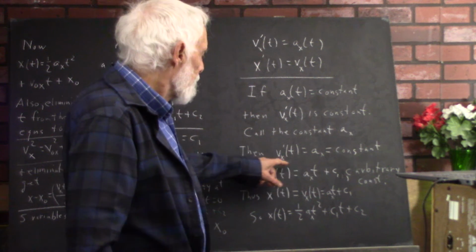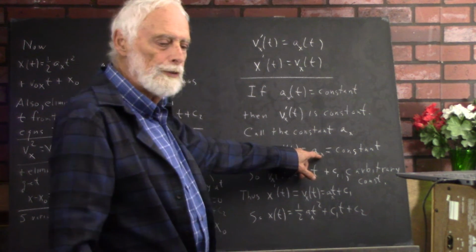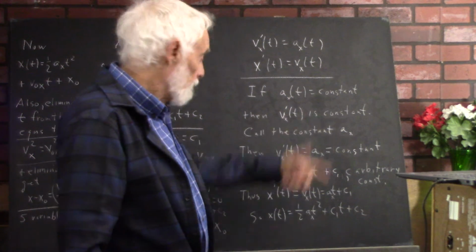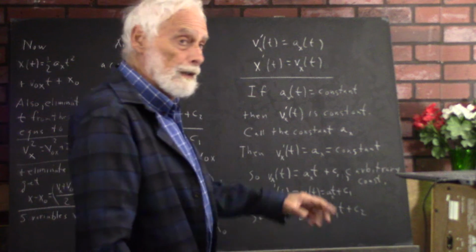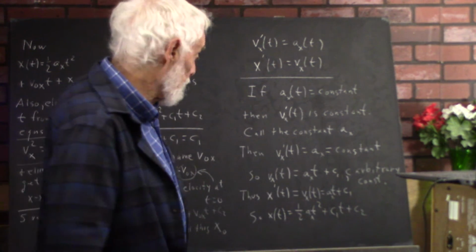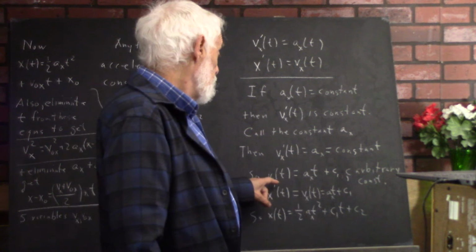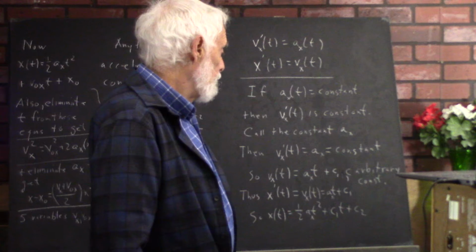Well, what function has a derivative that's equal to a sub x? The general function that has derivative equal to a sub x should be obvious, and if it isn't, then you probably need to think about first semester calculus a little more. It's a sub x times t plus a constant.